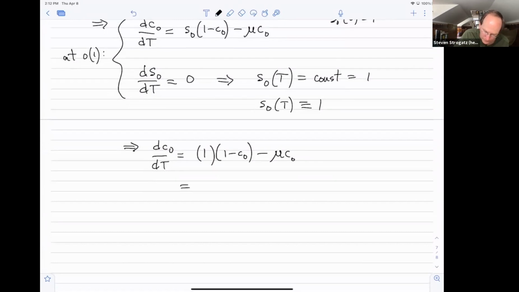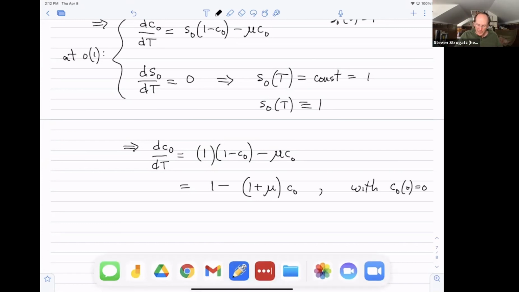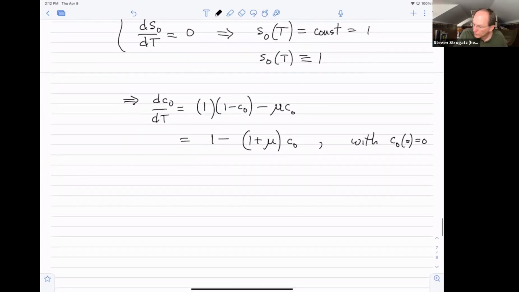So this becomes (1 minus 1 plus mu) C0, and I have the initial condition. C0 of 0 is 0. So that's a little linear differential equation for C0, and we're getting the usual exponential decay away from the boundary layer. We just get exponential decay of C0 towards a constant.